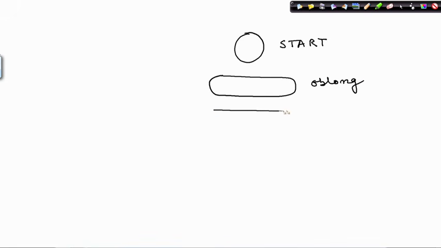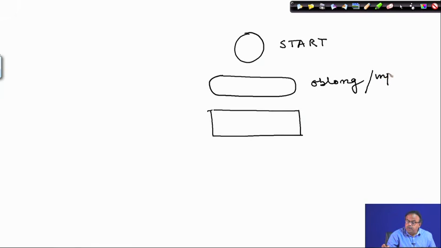This figure is a rectangle. Now, this oblong is actually used for input and output specification. Wherever I need to do some input or the system provides me some output.